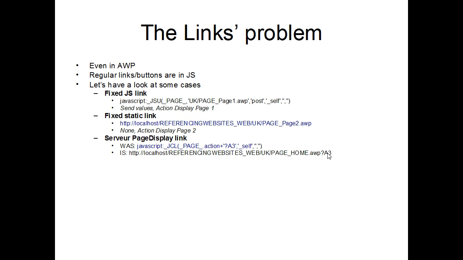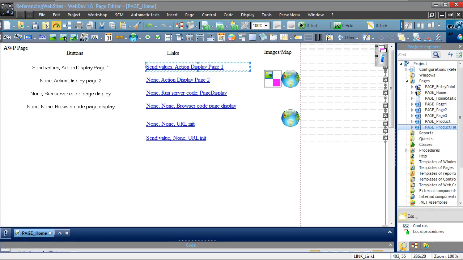The problem is that this link here is not a link to page home. Look at it. It's the non-run server code page display. It's this one. Okay? Well, let's have a look at what we have in it. It's the server code, and inside the server code we are doing a page display for another page.